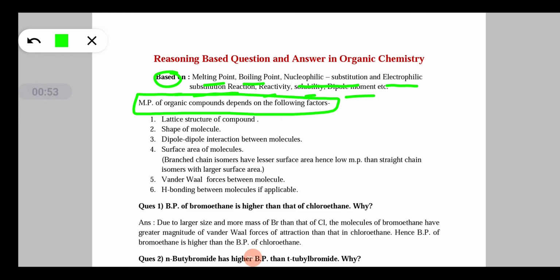Either the answer can be due to the lattice structure of the compound, or due to the shape of the compound. Or say the question is asked why the melting point of compound X is more as compared to Y. So you can say due to the dipole interaction between the molecules, or sometimes due to the surface area of the molecule, because branched chain isomers have lesser surface area, so their melting point is low as compared to the straight chain compounds.